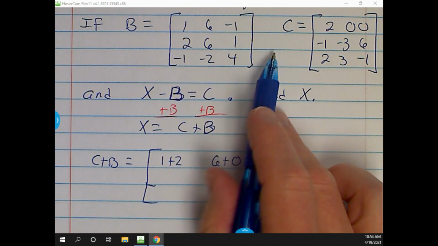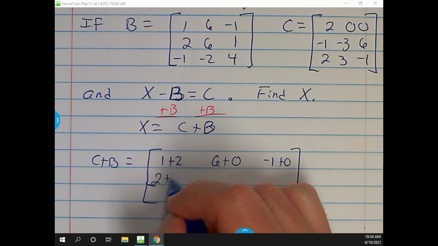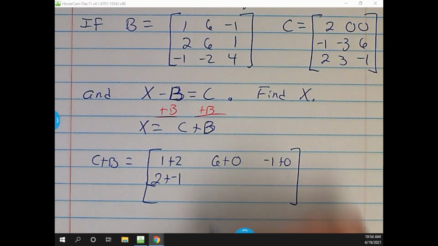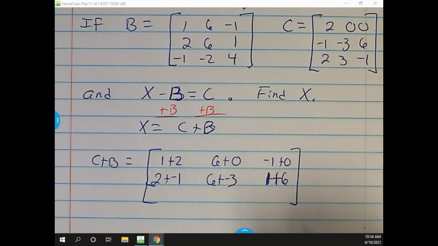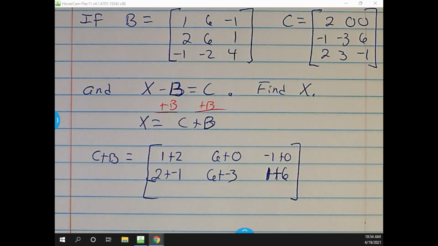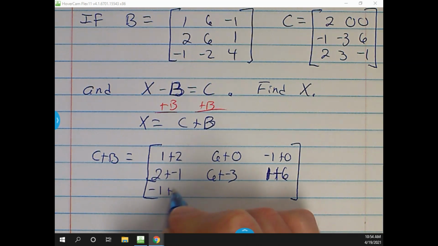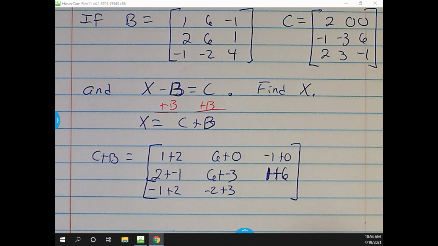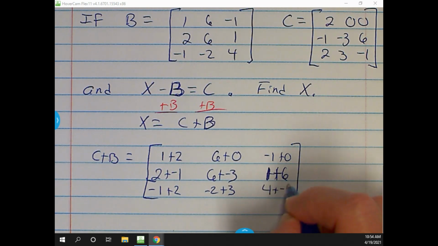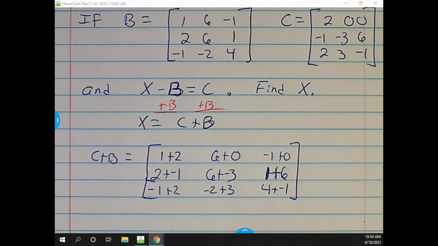It's 2 plus -1. 6 plus -3. 1 plus 6. -1 plus 2. -2 plus 3, and then 4 plus -1.